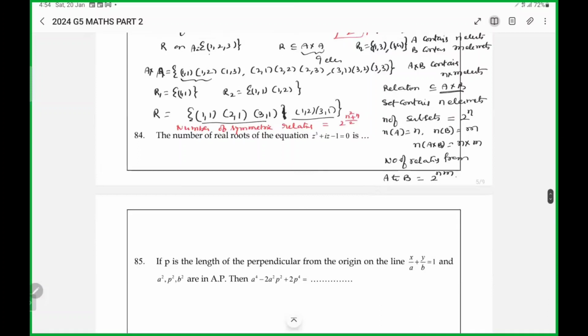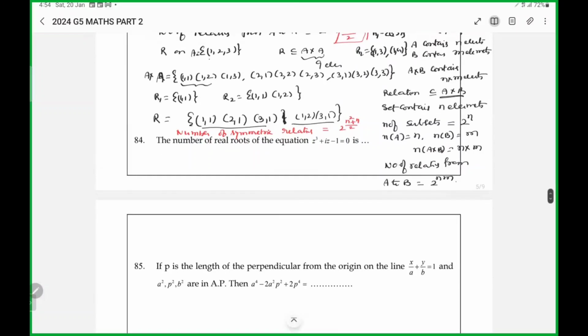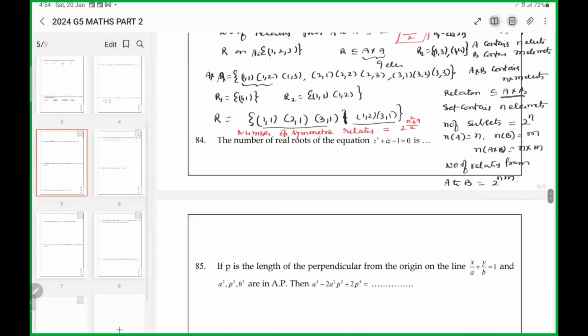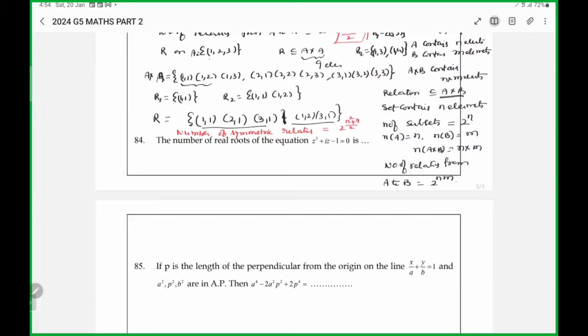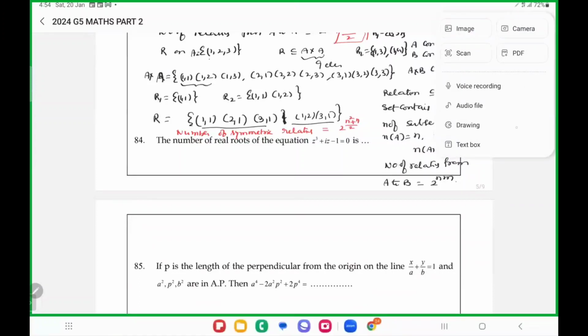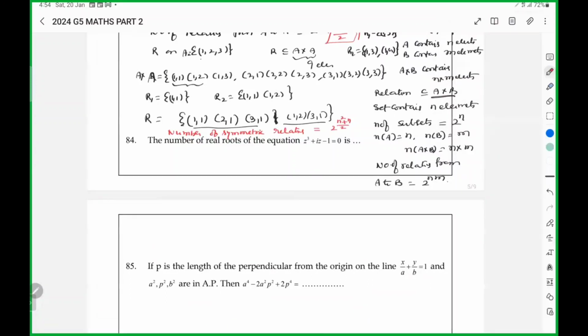Number of real roots: whenever a cubic equation is there, solving it is difficult. So what I suggest is, first you guess one root. If I take i cube plus i square minus 1, it is not satisfying.